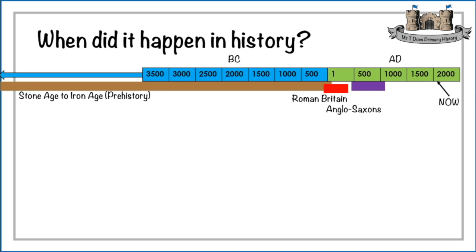There's an interval between the end of the Roman period and the beginning of the Anglo-Saxon period. I wonder why that is. You'll also notice the duration of it is slightly longer than the Roman period, but nowhere near as long as the prehistory Stone Age to Iron Age.